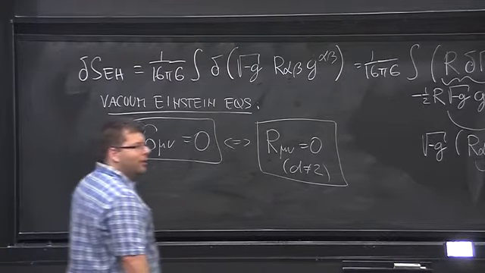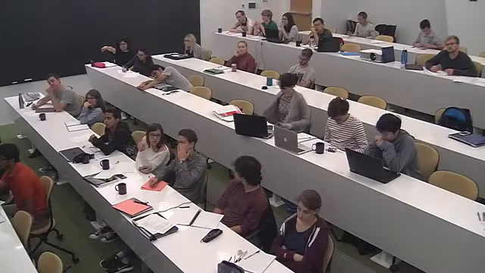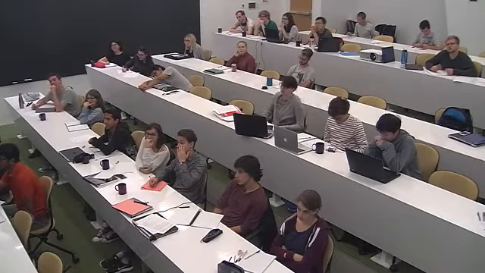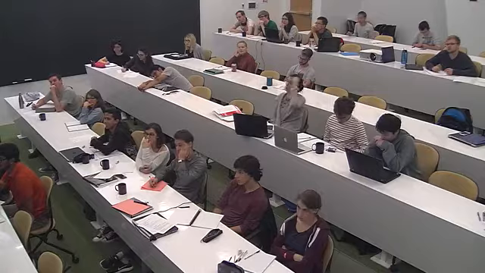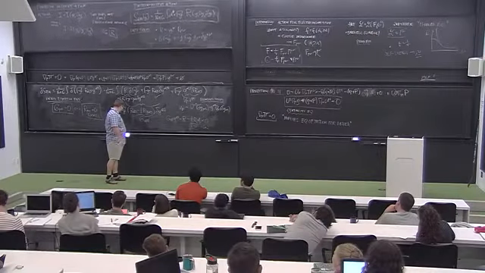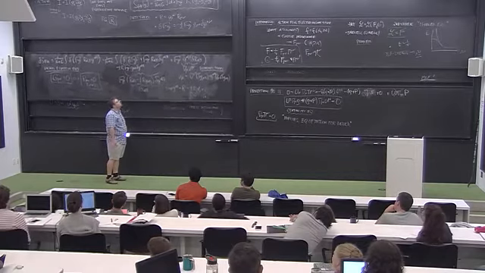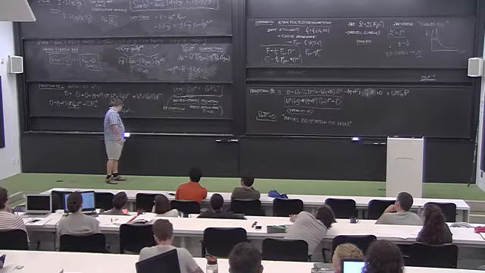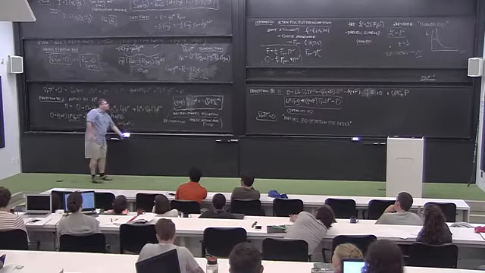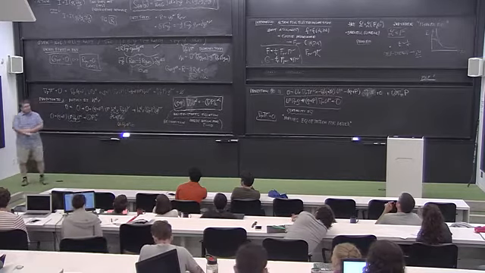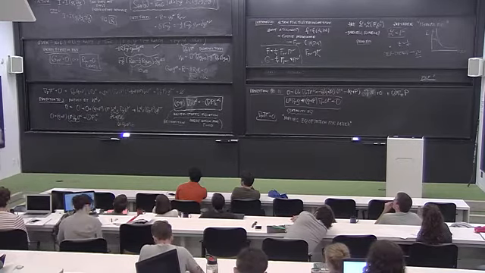But in 2 dimensions, that satisfies. Oh, I don't want to discuss 2 dimensions. 2 dimensions is very, very special. You can show that in 2 dimensions, actually, every metric is conformally flat, or maybe even flat. Probably conformally flat. Let's postpone the discussion of 2 dimensions.